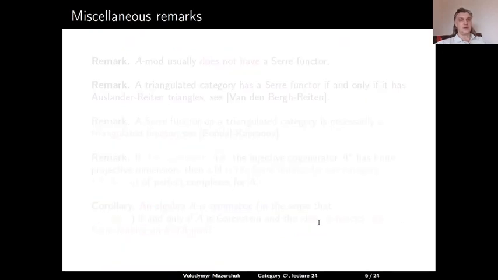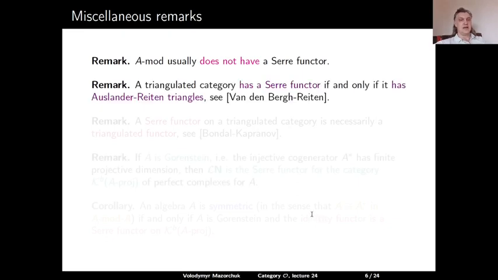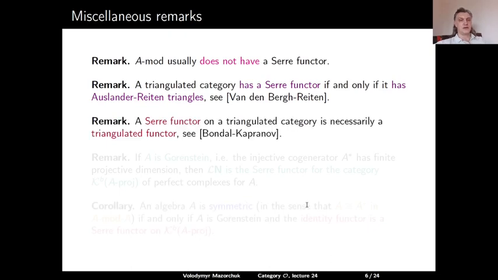Before we go on, let us make a couple of remarks. First of all, the module category A-mod usually does not have a Serre functor. As was shown by Reiten and Van den Bergh, a triangulated category has a Serre functor if and only if it has Auslander-Reiten triangles. Bondal and Kapranov showed that a Serre functor on a triangulated category is necessarily a triangulated functor.